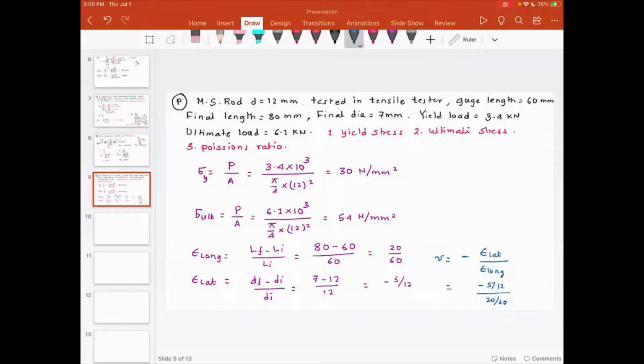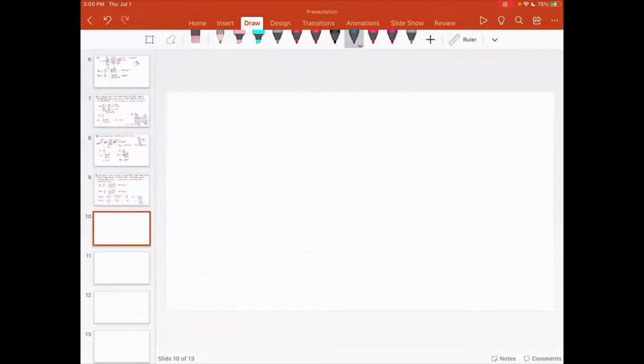One thing I want to talk about at this point is something called as factor of safety. Factor of safety is the yield stress divided by design stress. Now, this requires a little discussion.